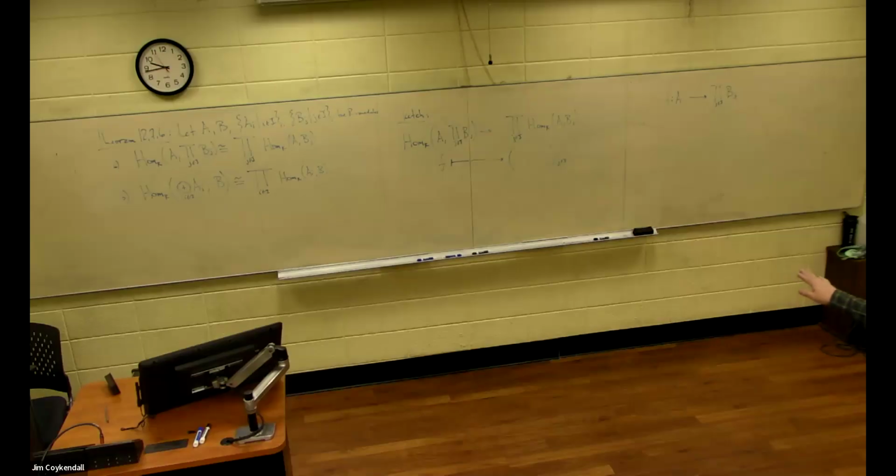So for every J in that index set, I need a homomorphism that goes from A just to B_J by itself. Any idea how you might do that?